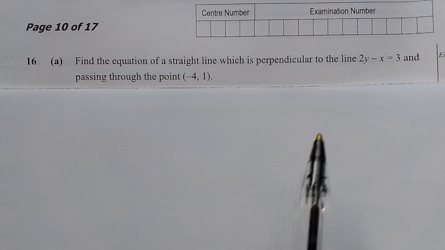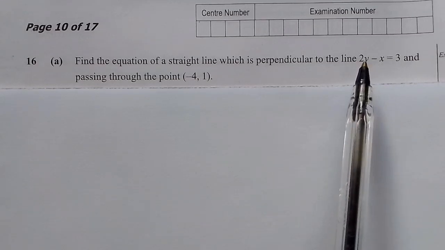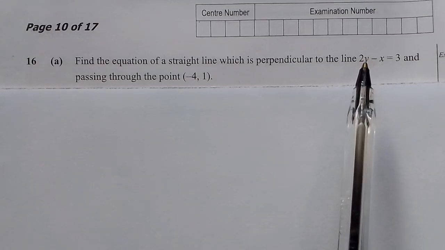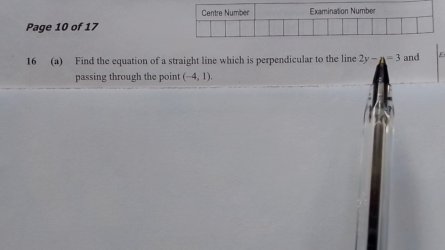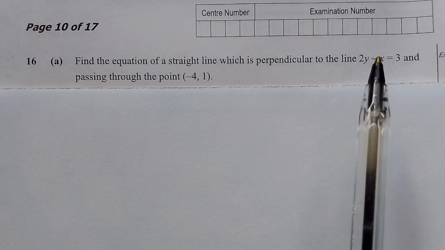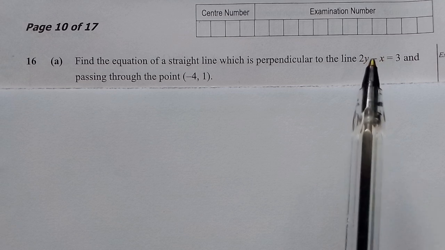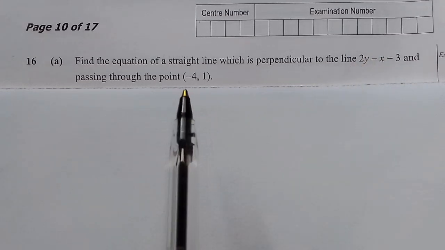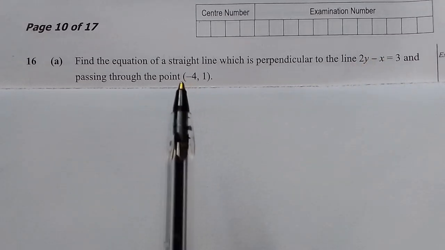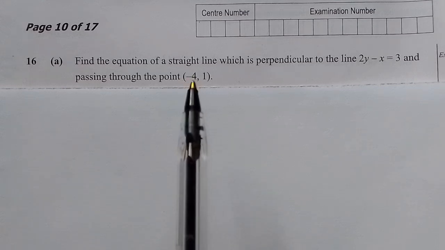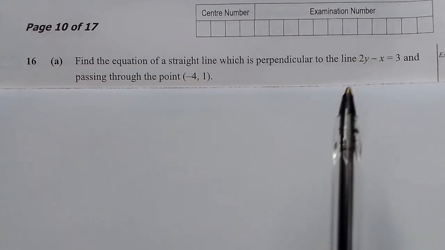First of all, we're going to work with this equation. This equation is going to give us its gradient, and then we'll use this gradient so that we can get the equation which is passing through this point here.